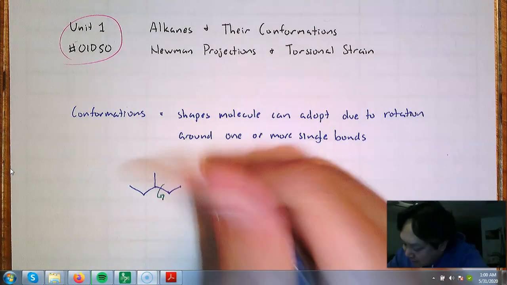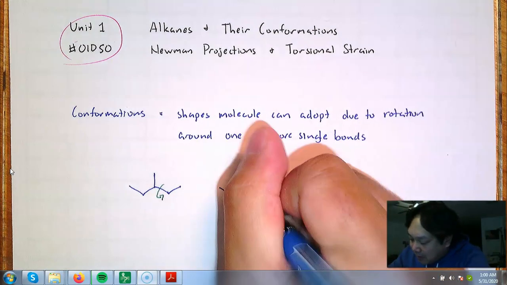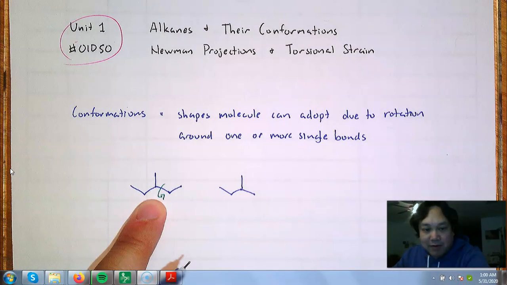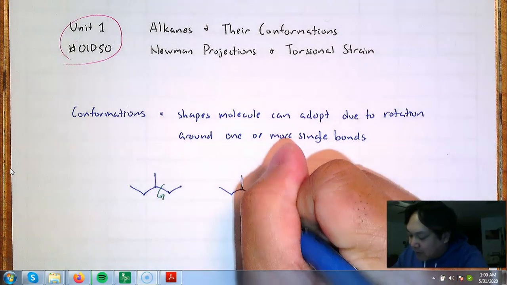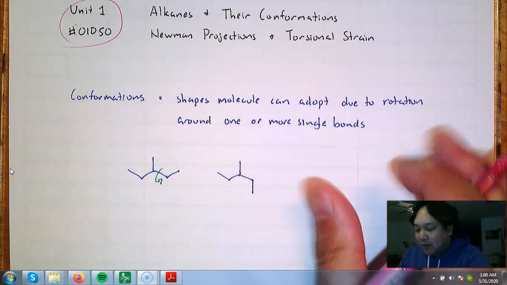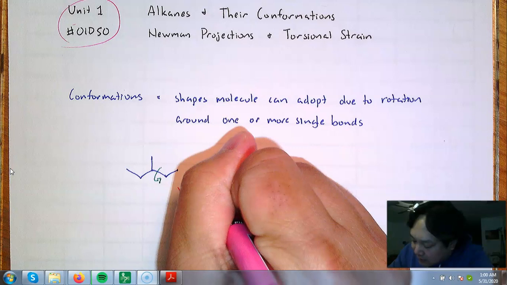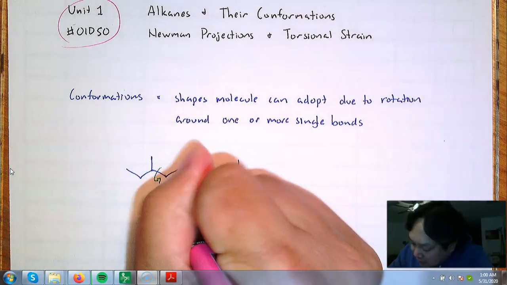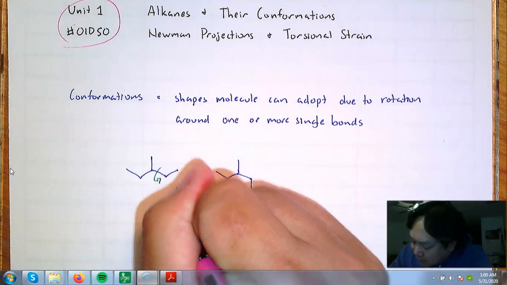So let me draw that. The left half looks the same, but when I twist this bond right here, I twist that methyl group, now it goes downward. The thing about conformations is that you're not changing the identity of the molecule. So these two molecules are identical, but different conformations.